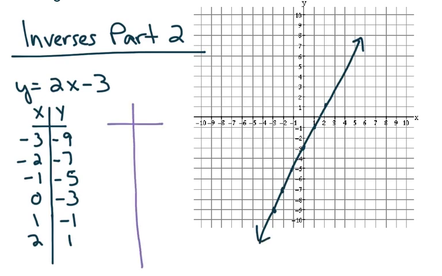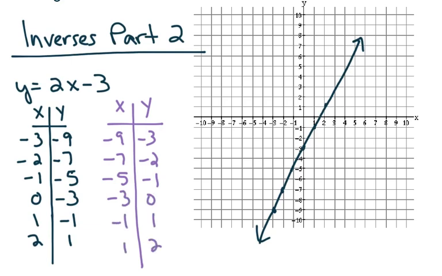And we said that the inverse is what you get when you switch the ordered pairs. So here's negative 9, negative 3; negative 7, negative 2; negative 5, negative 1; negative 3, 0; negative 1, 1; and 1, 2.